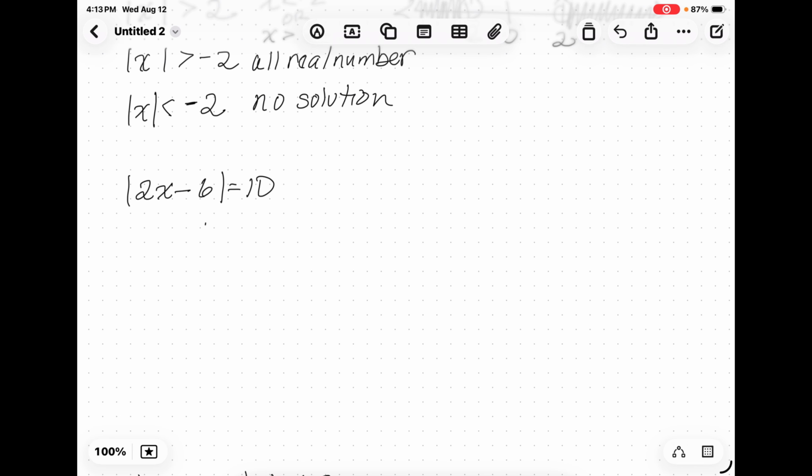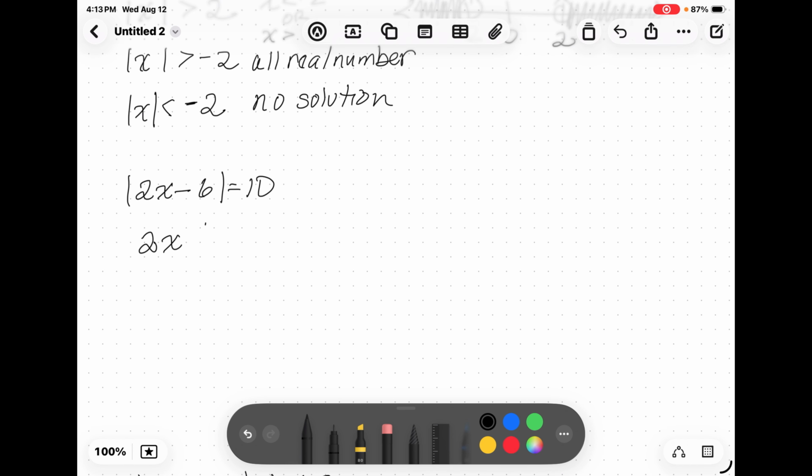I'm going to say that this absolute value 2x minus 6 is equal to 10 means that 2x minus 6 equals 10 is a possibility. And it means that the opposite of 2x minus 6 equals 10 is a possibility. Okay, maybe we could connect that to the logic above.